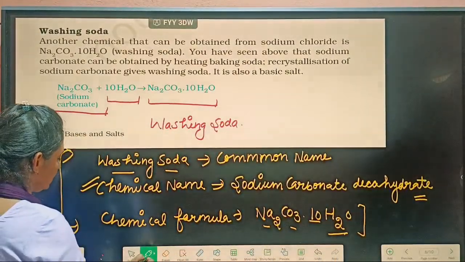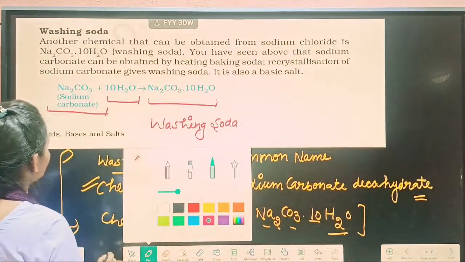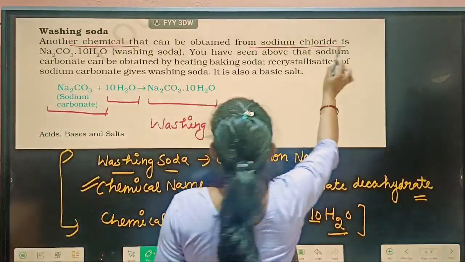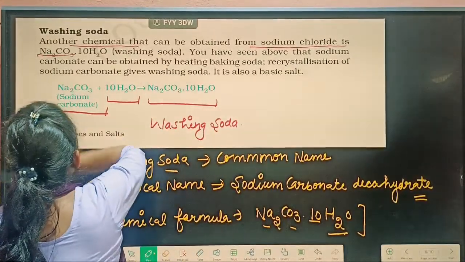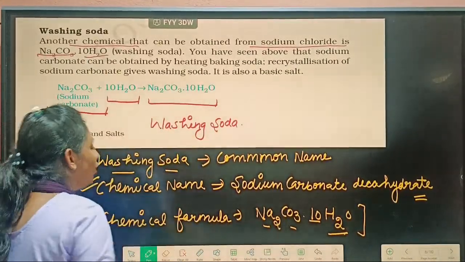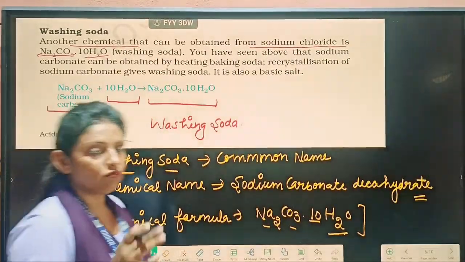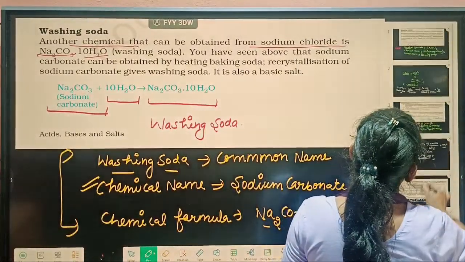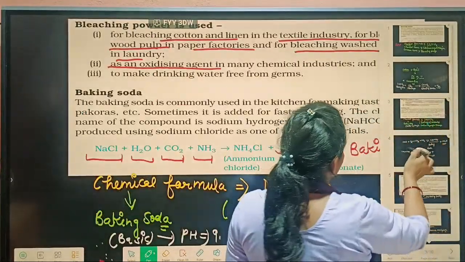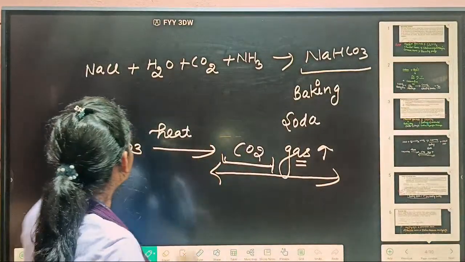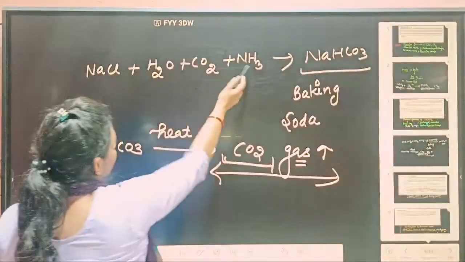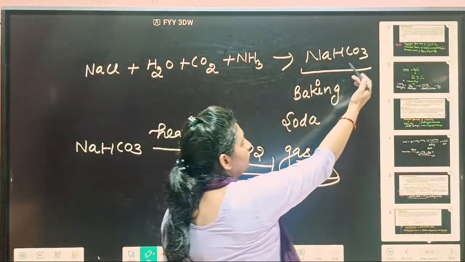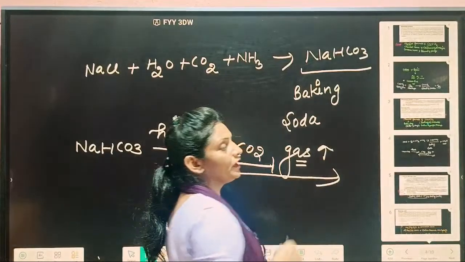So students, now see, another chemical that can be obtained from sodium chloride is Na2CO3.10H2O. You know very well, from sodium chloride we get baking soda. When sodium chloride, water, carbon dioxide and ammonia react with each other, they give us sodium bicarbonate, baking soda.